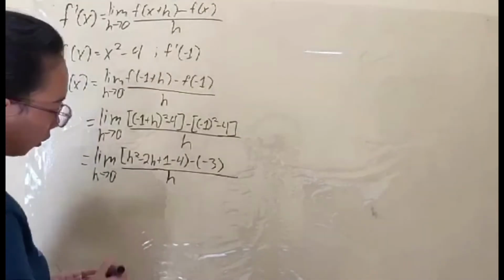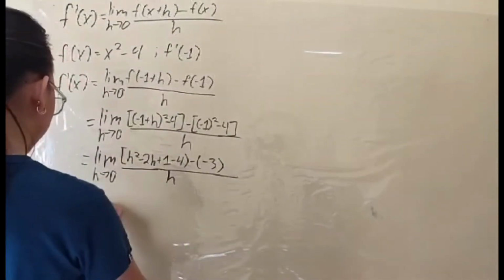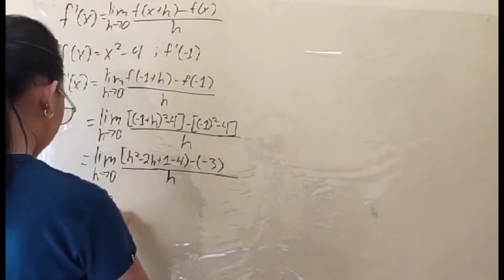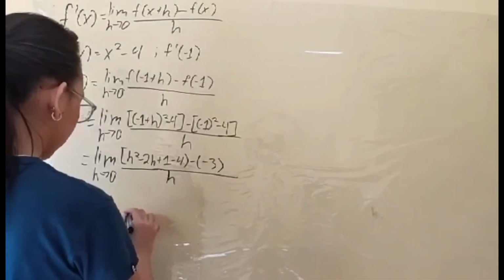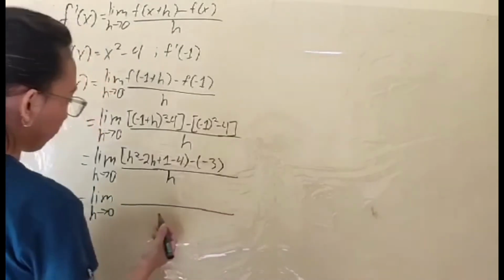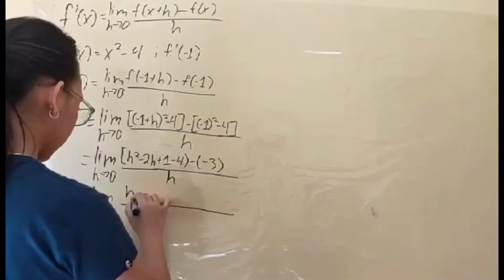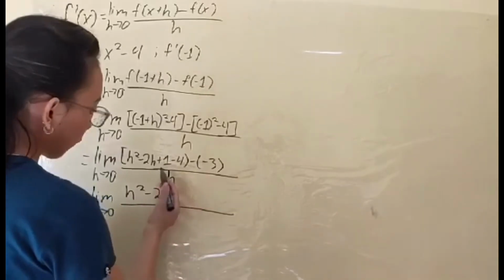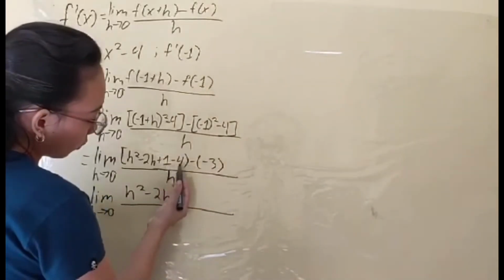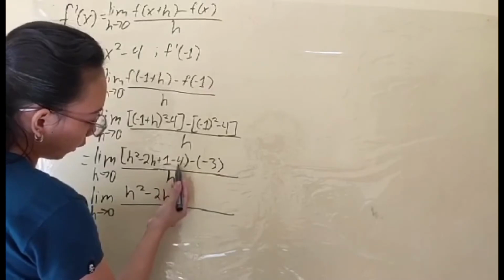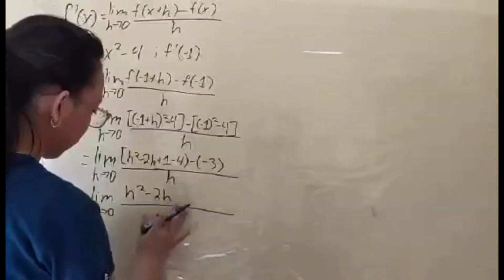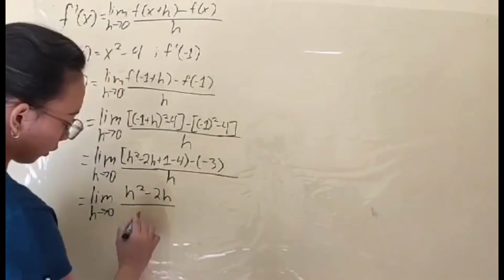And now, add all the constant terms. 1 minus 4 is negative 3. Minus negative 3 is equal to 0, all over h.